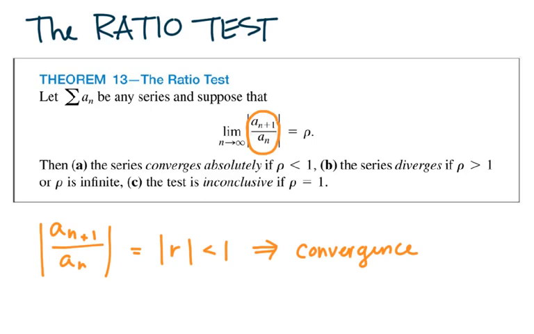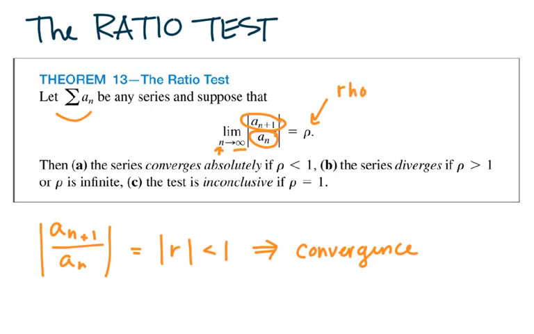And so what the ratio test says here is that suppose we have a series, any series, and we look at, as my terms become infinitely large, as the terms are getting bigger and bigger and further away from where we started, that ratio, the absolute value of that ratio, we're going to call it this value rho.